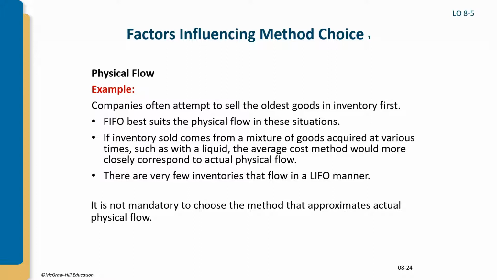There are very few inventories that flow in a LIFO manner. The only one I think of off the top of my head is perishable goods, like milk. Don't we all try to buy the newest milk first? But it is not mandatory, and I've been trying to stress this, that you choose the method that approximates actual physical flow. No, because you could pick based on your own financial objective.